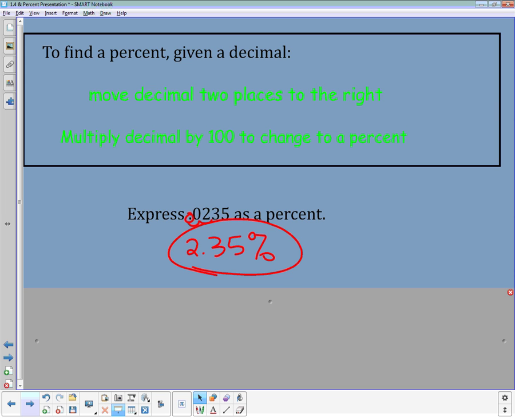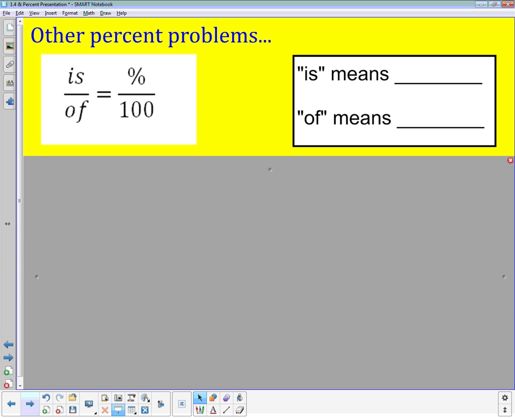When we use proportions to find percents, we have something that looks like is and of equals percent out of 100. Is is the part, that's the part of your question, and of is the whole, or the total. So it's always part out of total or part out of whole, and that's what the is and the of tell you.